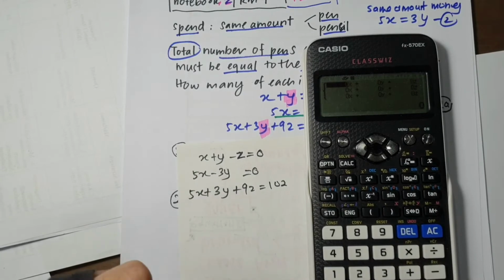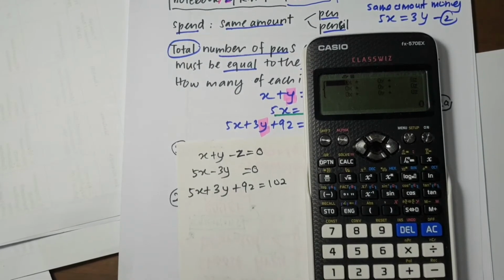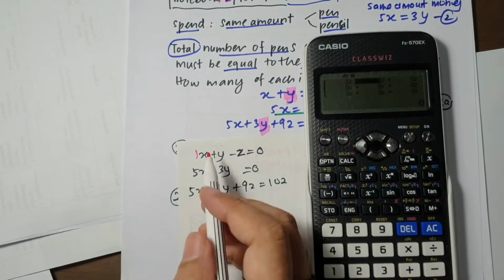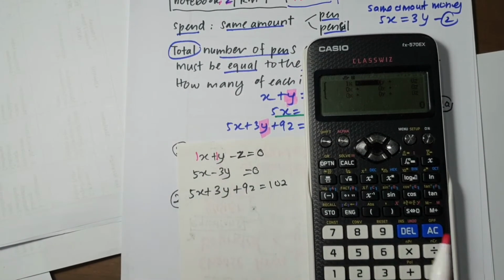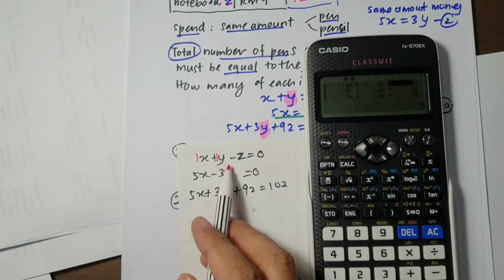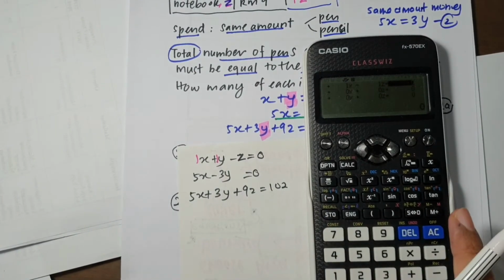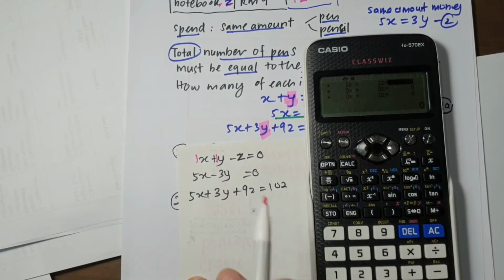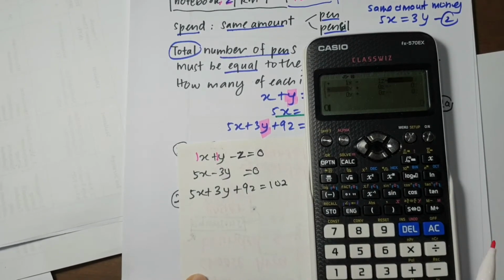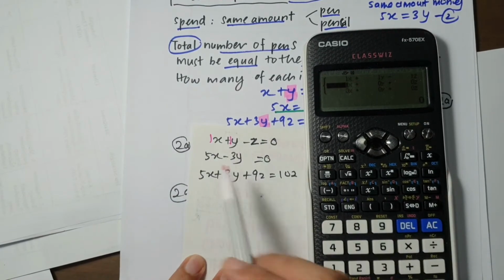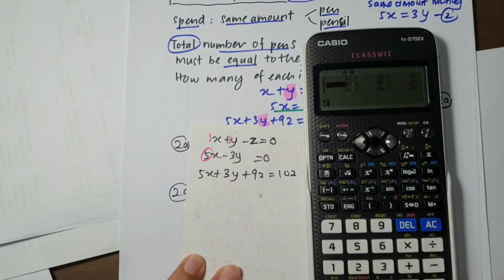Okay, so this one, coefficient of x is 1 plus 1 equal sign. Coefficient y is also 1 plus 1 equal sign. Coefficient of z is negative 1 equal sign. And then here 0, constant, equal sign. Now second row, coefficient of x is 5 equal sign.